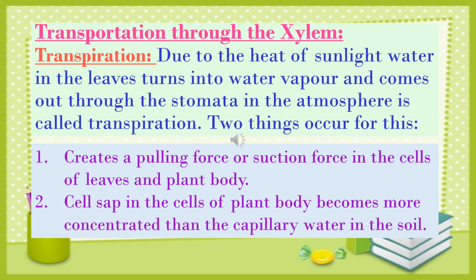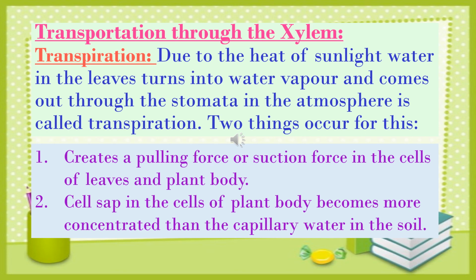Let's know transportation through the xylem. Before that, we need to know another process which is called transpiration. Transpiration is a process by which the water in the leaf cells turns into water vapor by the heat of sunlight and comes out through the stomata into the atmosphere. And this creates two things in the cells of the plant body. What are those?